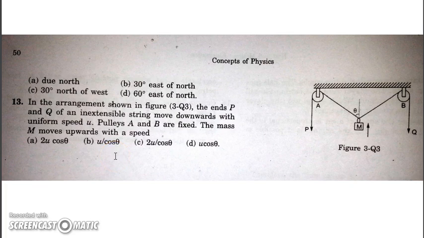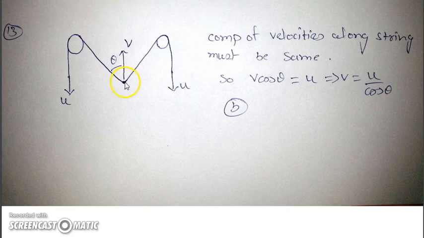In this last question, we have to find the velocity of this mass if these two ends are pulled with a speed u in the downward direction. So this is basically a question from constraint motion, in which the components of velocities along the string must be the same. So we can look at this point.